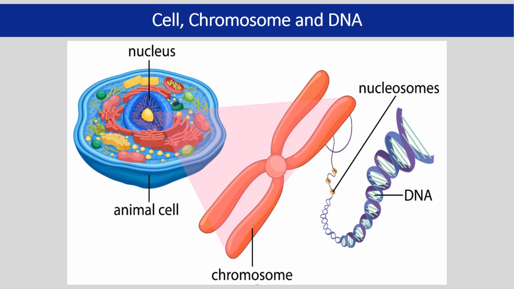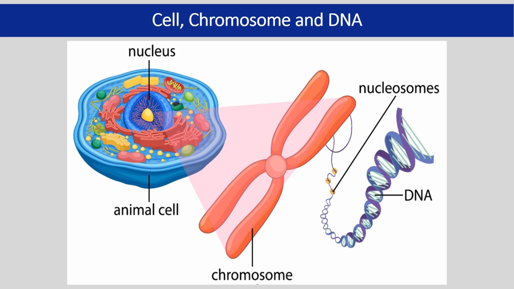Now let us look into the cell, where exactly we can find the DNA and chromosomes. As you might know the structure of the cell, we are presenting an animal cell, and here you can see the chromosomes inside the nucleus. These chromosomes contain the DNA.